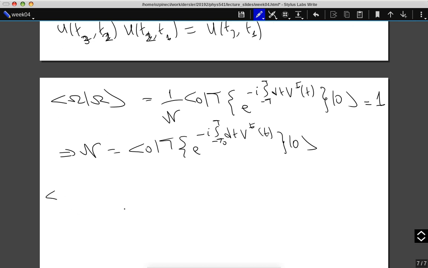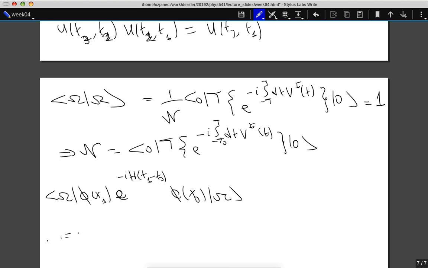So what we have actually shown now is that the ground-state matrix element of phi(x1) e to the power minus i H (t1 minus t0) phi dagger(x0) is actually equal to the empty-state matrix element. You see, this is the ground state, this is the empty state; they are not necessarily the same state.